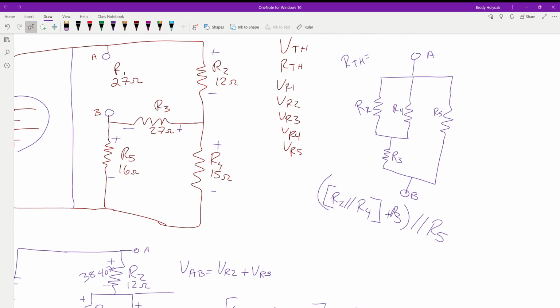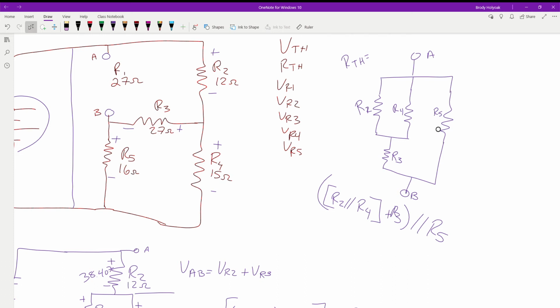Because remember, this is just a piece of wire. So we want to go from one component to another component. That's why we have point A connected up to one side of R2, one side of R5, one side of R4. We don't hit anything else before we get to those components. So that's what we've laid out here.